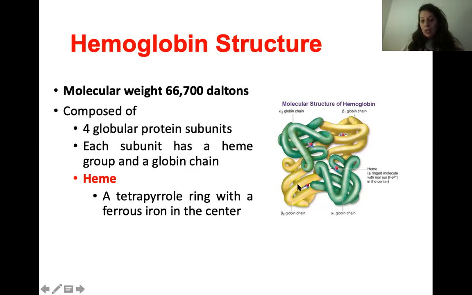And in each subunit, we can find a heme that is a tetrapyrrole ring that the ferrous iron sits in the center, and it's depicted here as red sitting on a blue ring. So each chain of these subunits has a heme inside it.